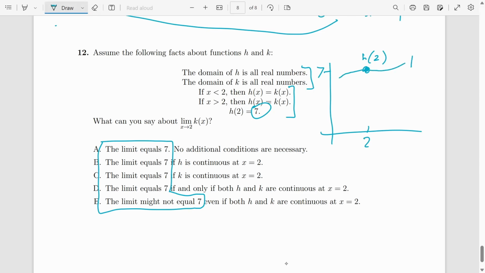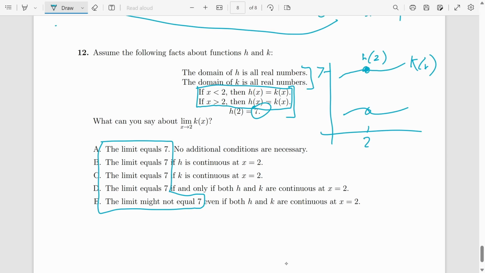So this would have to be k of x if we wanted that limit at 2 to exist. And fortunately for us, that's pretty easy to tie back to what these definitions already said, because these two basically just say that h and k are equal at any point other than 2. Like that, there would be a hole there, but that's both h and k.